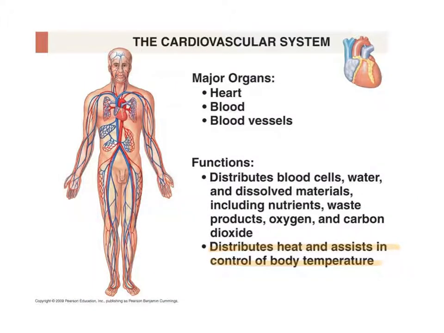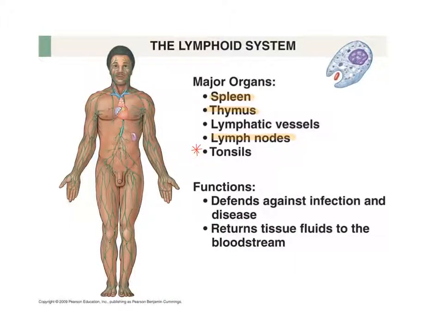Next would be the cardiovascular system, with the major organ being the heart and the major function distributing blood cells, water, and dissolved materials, including nutrients, waste, oxygen, and carbon dioxide. Next would be the lymph system, or the lymphatic system, or the lymphoid system.